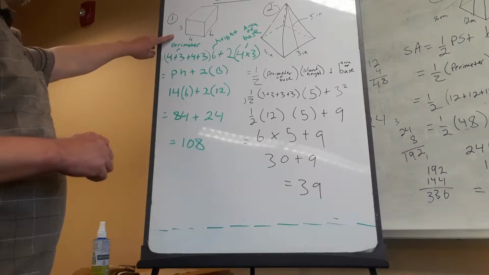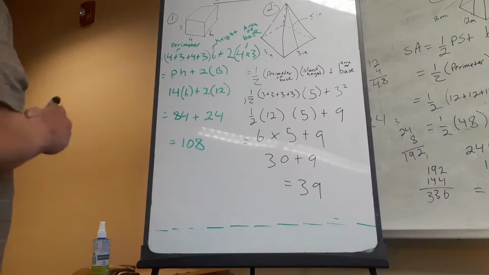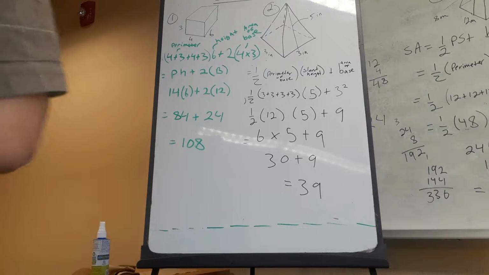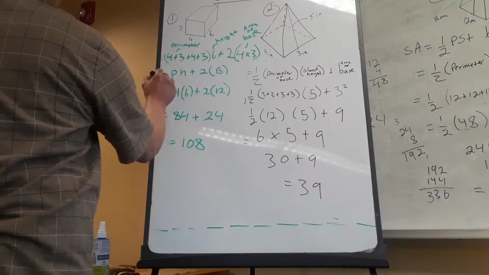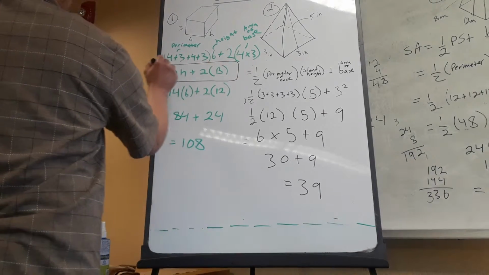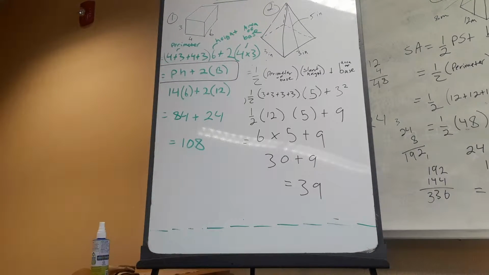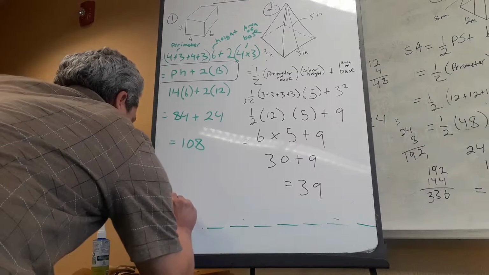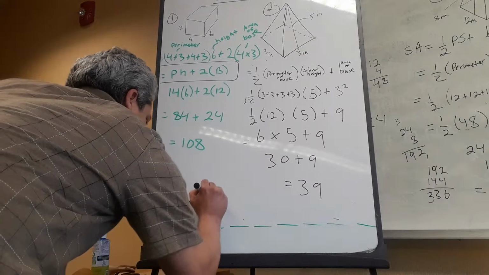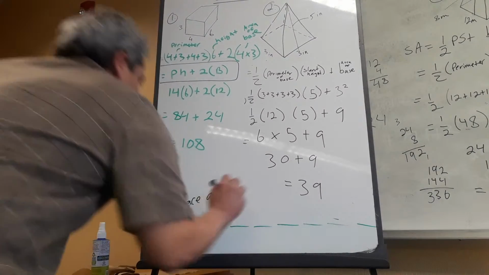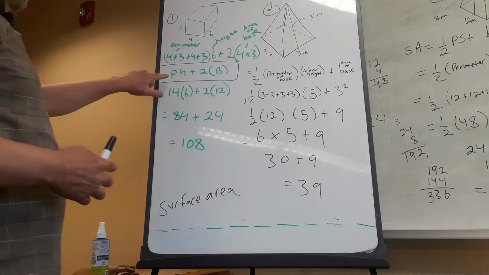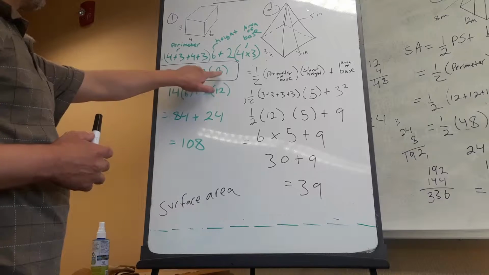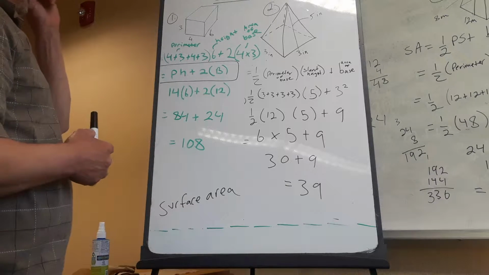Here we have a rectangular prism, and if you look at your paper, you see that this is the formula for figuring out the surface area of a rectangular prism. It's perimeter times height plus 2 times the area of the base.